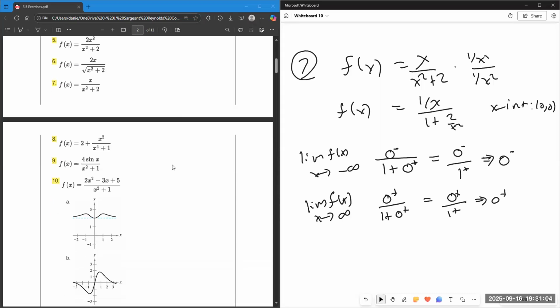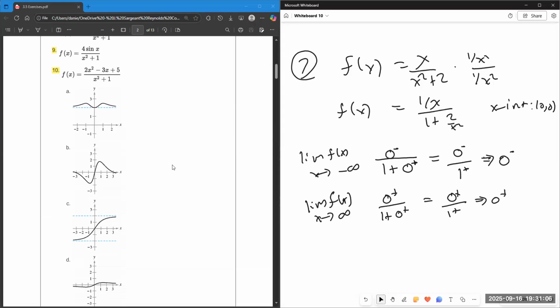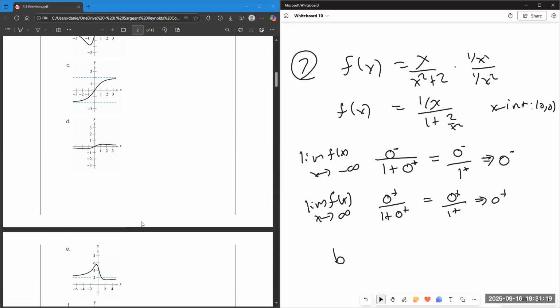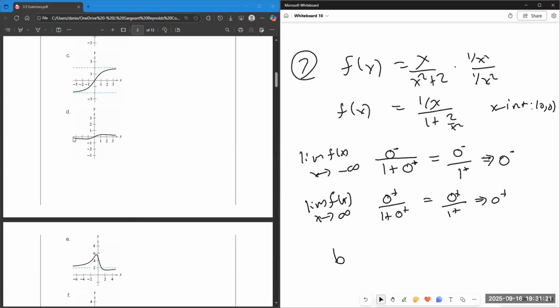Let's see if this matches up with anything. Getting close to 0 from below, 0 from above, 0, 0. So B is a candidate. 0 from below, 0 from above, D is a candidate.